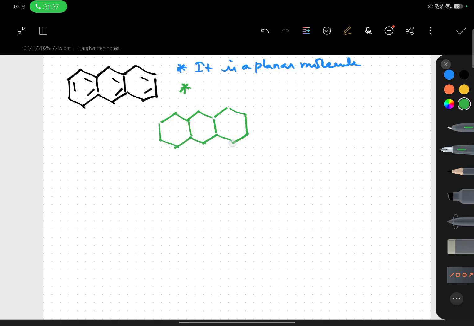I think in your textbook they have not given the delocalization form, so you copy it from the notes. So this bond shifts here, this bond moves here, this bond moves here, this will be here, this will be here, this will get shifted here.